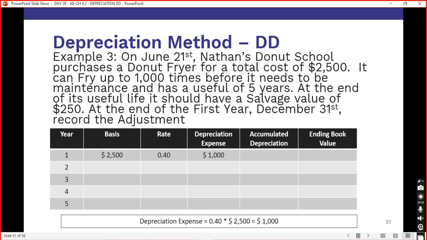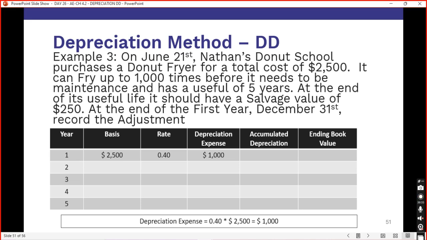So therefore, how old is my asset? July, August, September, October, November, December. It should be 6 months, because we're also including the month of December.